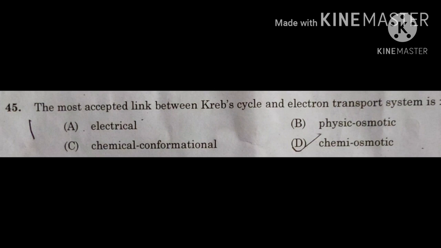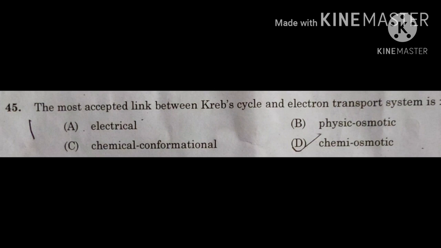So, here the question is about the most accepted link between the Krebs cycle and the electron transport system. During the Krebs cycle, high energy compounds such as NADH and FADH2 are produced. To convert these into their respective ATP, they have to enter the electron transport system. There you can see the mechanism of formation of ATP: 3 ATP from 1 molecule of NADH and 2 ATP from 1 molecule of FADH2.